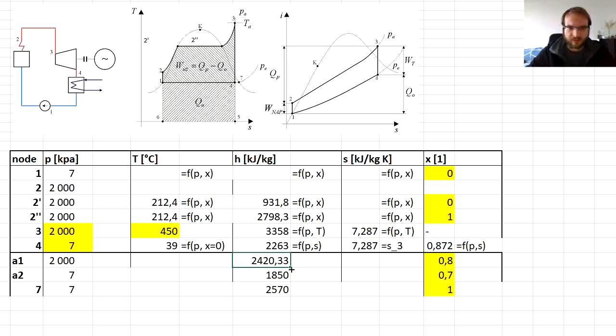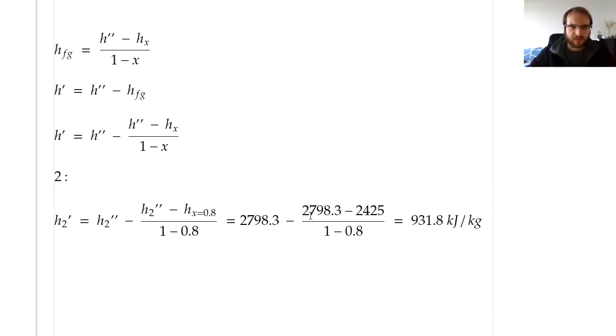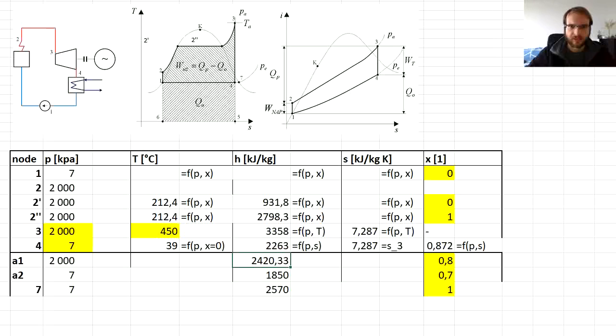The moment we use this value in our calculation, suddenly we get the value of 908.5, which is the exact value, also obtained directly from the pressure and quality.